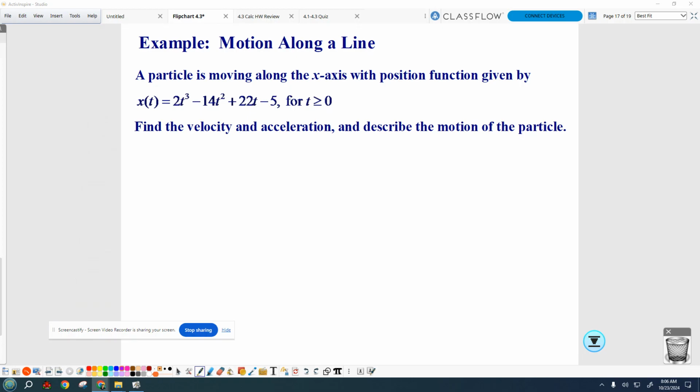Try figuring this one out. Time, velocity and acceleration given, moving along the x-axis. Is that up, down, or left, right? Left, right. X-axis is left, right.